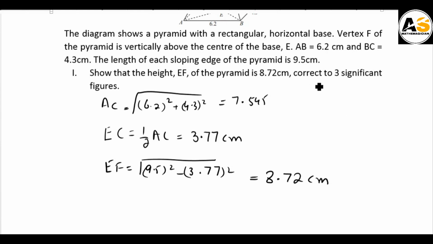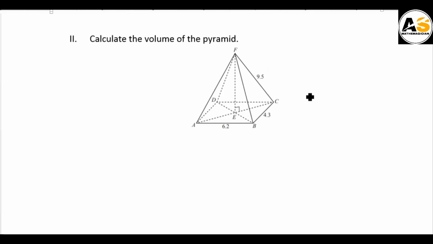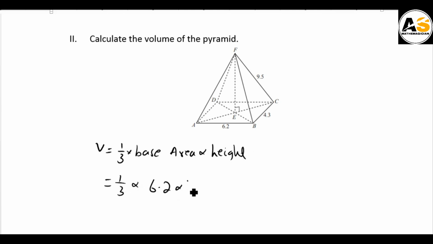Correct to three significant figures. Now we have to find the volume of this pyramid. It's very straightforward. Volume is equal to 1 by 3 into base area into height. Height we just calculated. Base area is 6.2 multiplied by 4.3, the area of this rectangle, multiplied by height, 8.72.